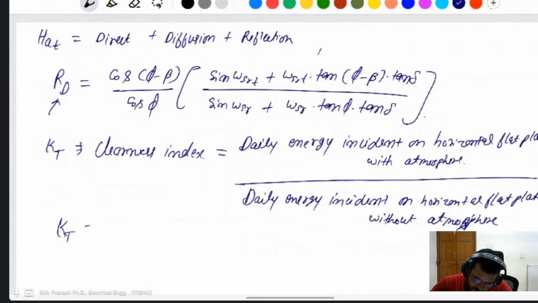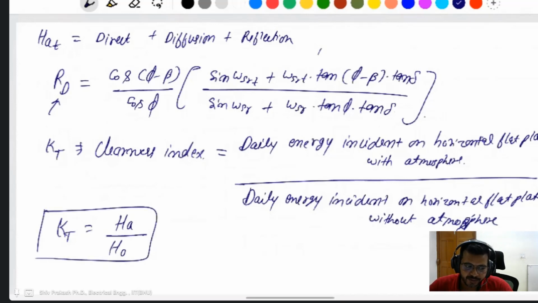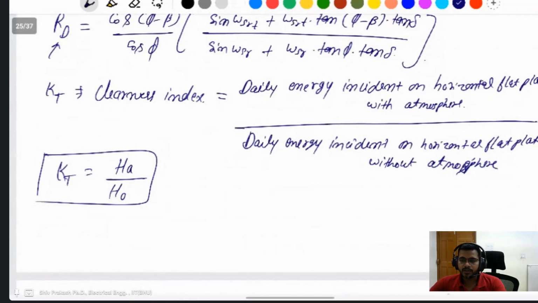It means KT is equal to with atmospheric over without atmospheric effect. And KT is measured by the pyranometer. With the pyranometer, you can measure the KT.